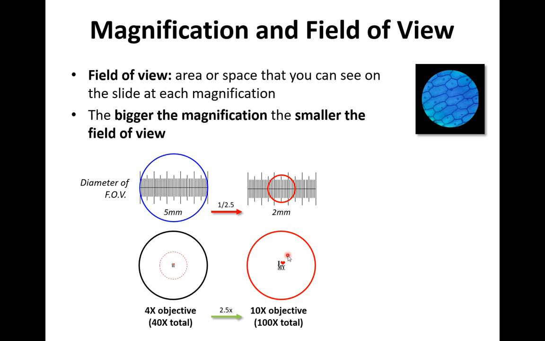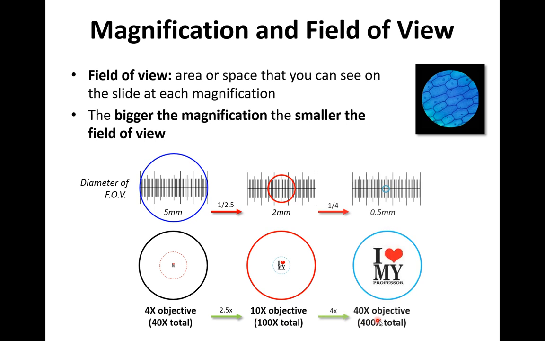Same thing when you're moving to the highest power, at least in your microscope, going from a 10 times to a 40 times objective lens. You would have gone up an additional 4 times from 10 times to 40 times objective lens, so from 100 to 400 times total.